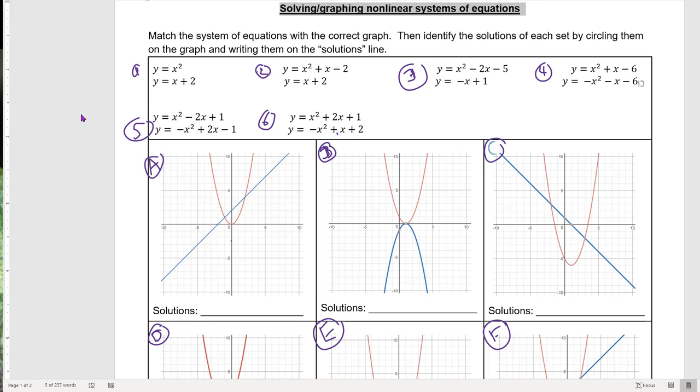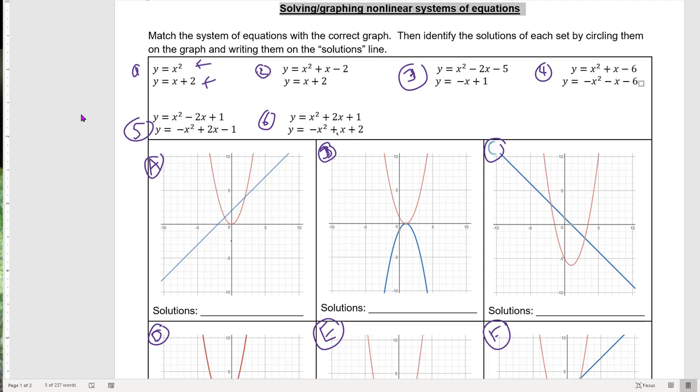Okay, looking at the first set of systems, we see that we have a parabola that has not been transformed in any way. This parabola is the parent function. It's at the origin, and it has not been stretched, shifted left and right, reflected, none of those things. And then with that, we have a line. This is the line y equals x, but it's been moved up 2, so its y-intercept is 2.